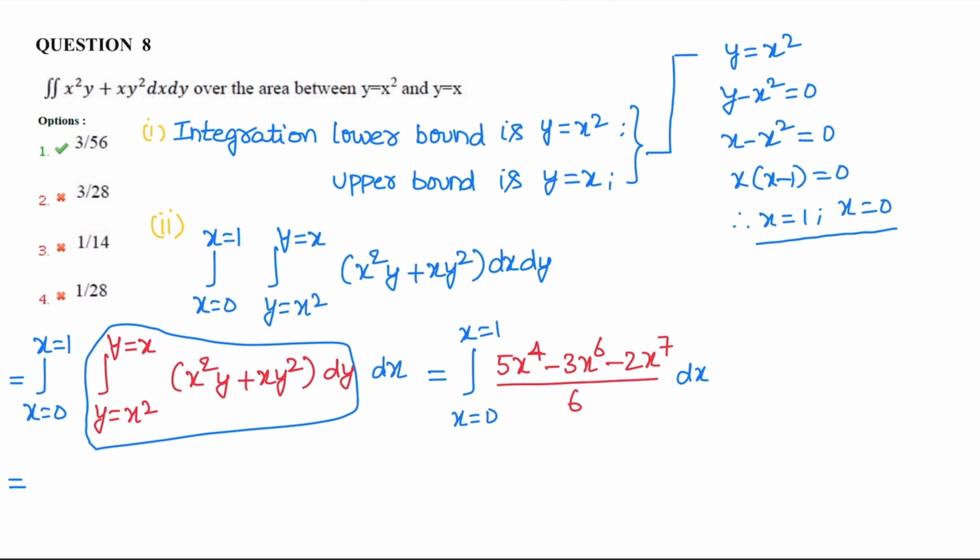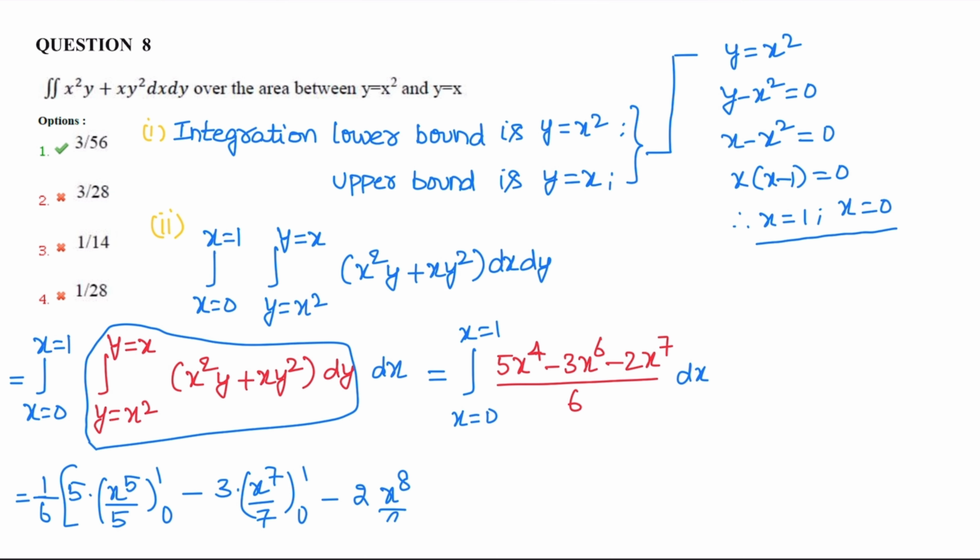Now integral of 5 into x power 4 is x power 5 by 5, limits of integration 0 to 1, 1 by 6, minus 3 into x power 6, that is x power 7 by 7, limits of integration from 0 to 1, minus 2 into x power 8 by 8, limits of integration from 0 to 1.